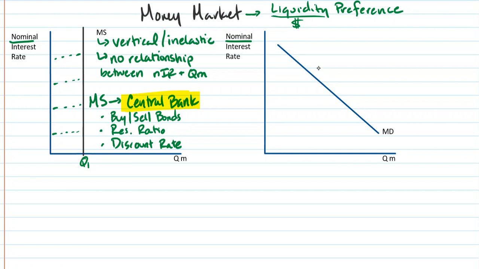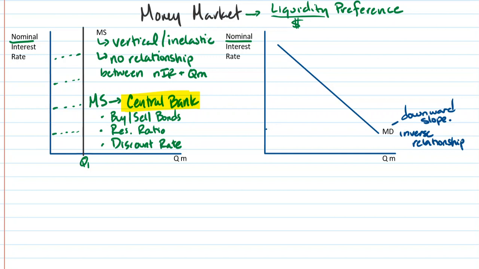The money demand curve, we notice, looks more like a standard demand curve, and that is that it is downward sloping, and therefore we see an inverse relationship between the interest rate and the quantity of money demanded.